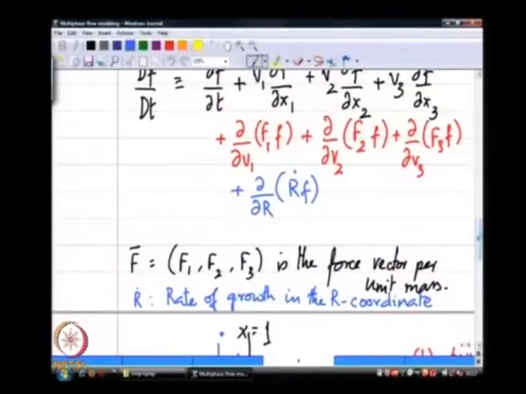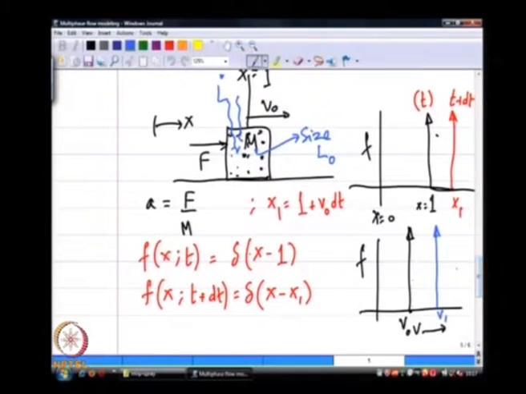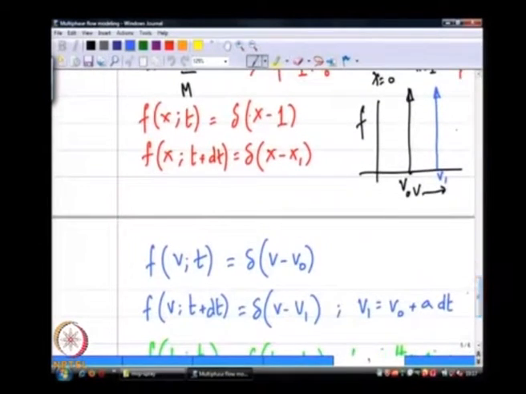And if I was to study this in the context of a probability density function of these particles, it would be where the initial velocity v0, which in this particular example is 0, would have become some v1 at some later point in time, following the rule that v1 is v0 plus a dt, a in this case being minus g.